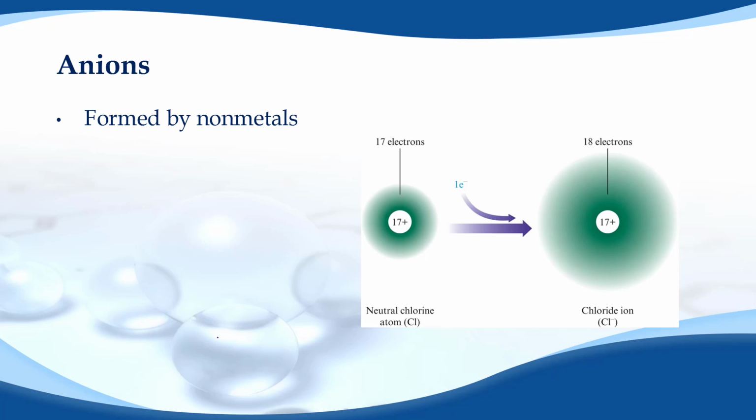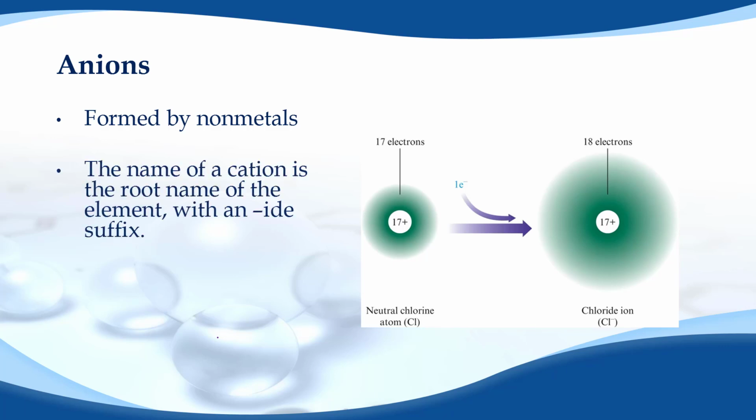That extra electron gives us a negatively charged ion, which is called the chloride ion. Anions formed from elements, you change the ending to IDE, right? So chlorine becomes chloride. Sulfur becomes sulfide. You don't have to worry about multiple charges on these because anions typically only form one charge. So it's just the root name of the element plus IDE.